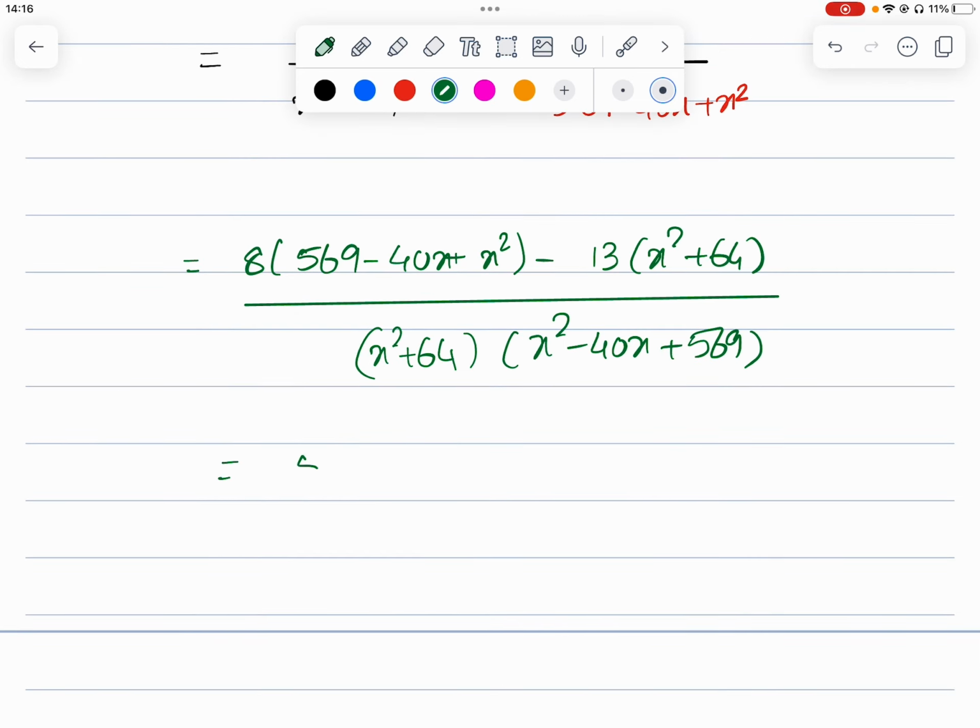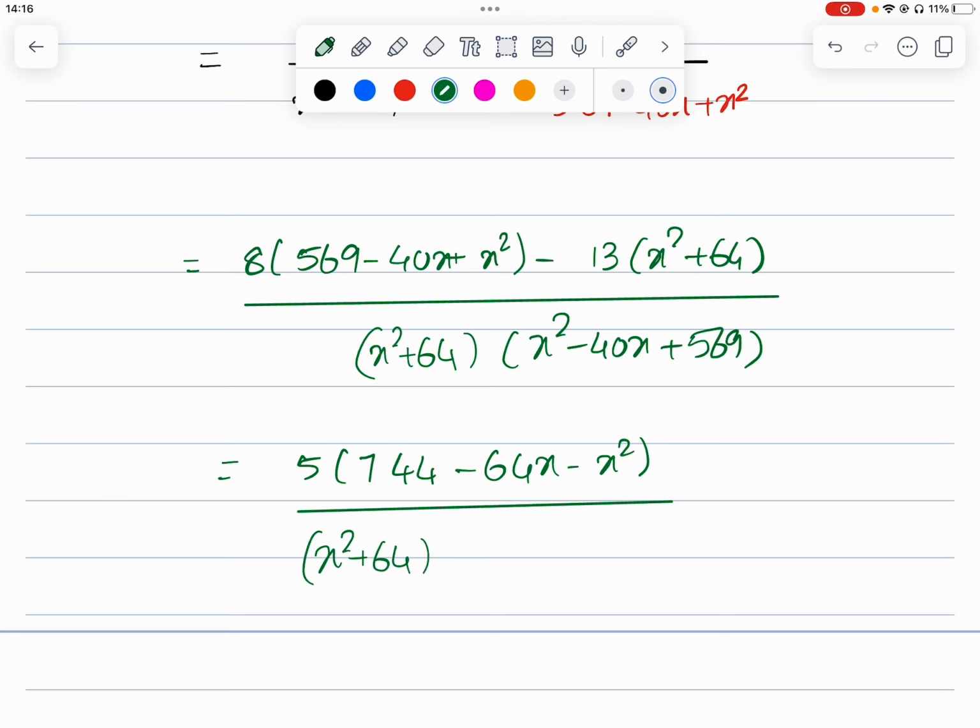So directly I'm writing it out. You should be able to get 5 times 744 minus 64x minus x square upon x square plus 64 times x square minus 40x plus 569. This is going to be the answer.